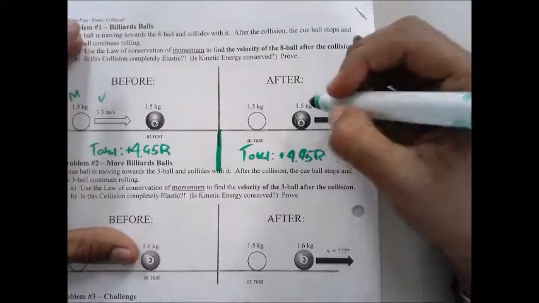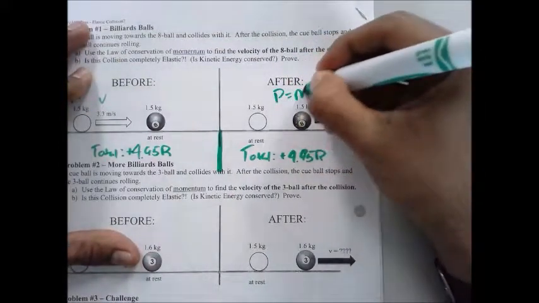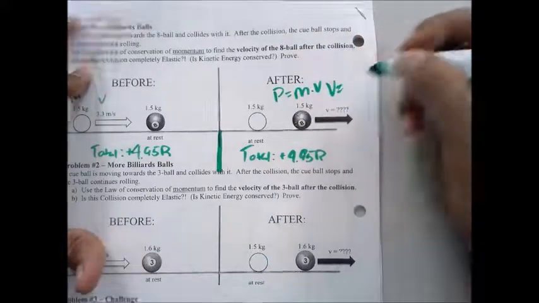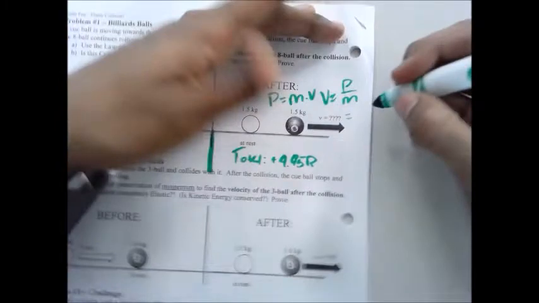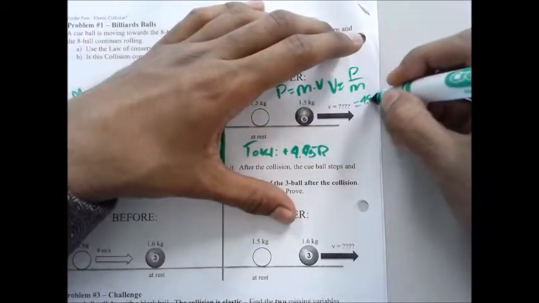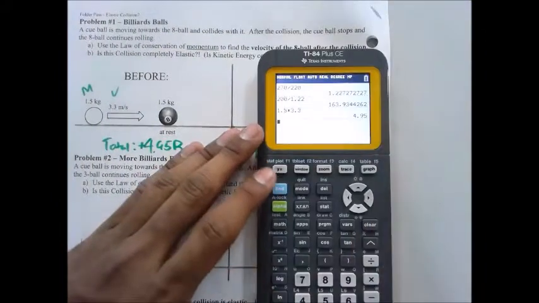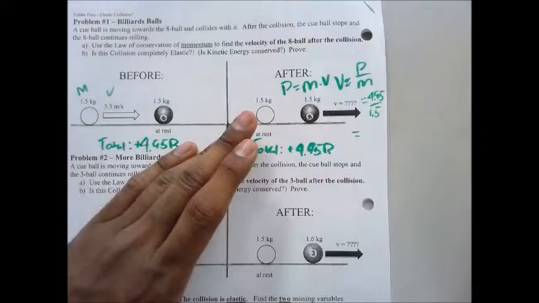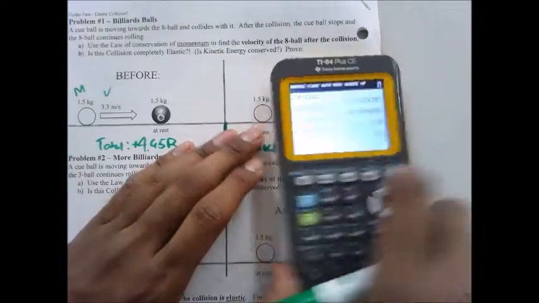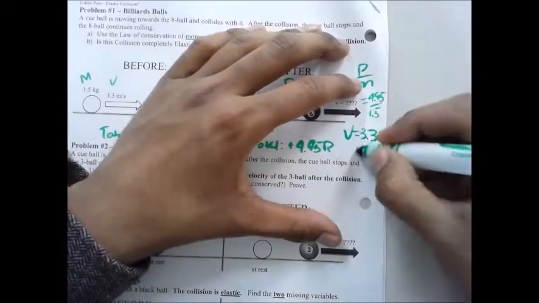So the velocity has to be the same as it was here. P is equal to m times v, so v is equal to p over m. In this case, p is 4.95 and m is 1.5. I can do the math, but we already know that it's going to be the exact same as before, right? So the velocity is going to be the exact same.